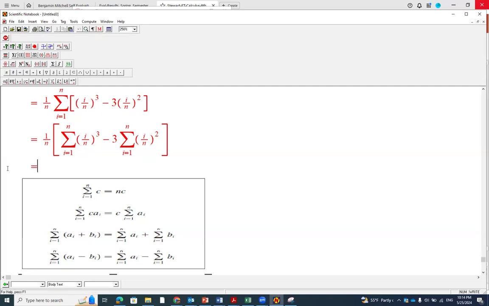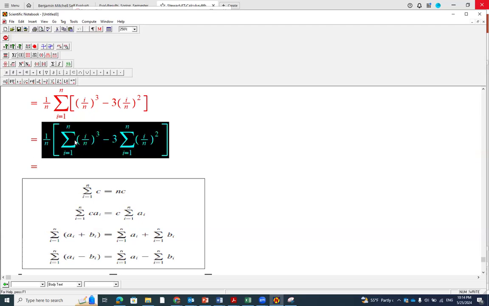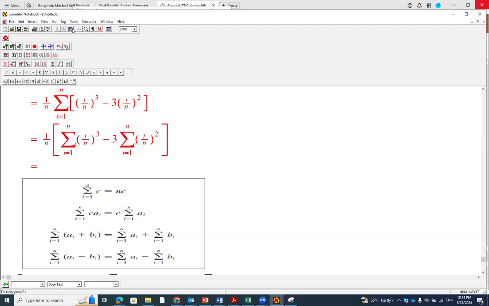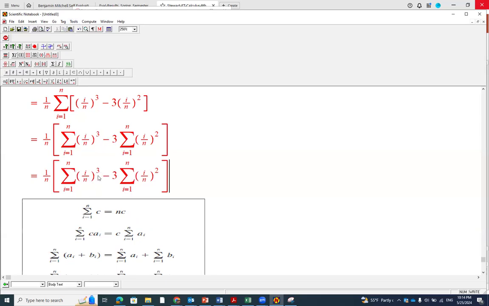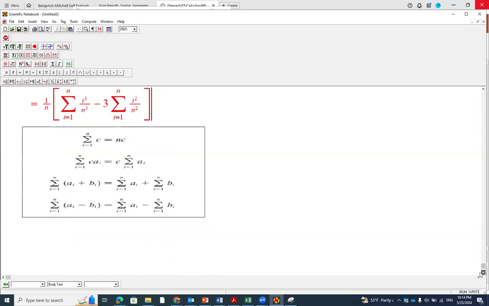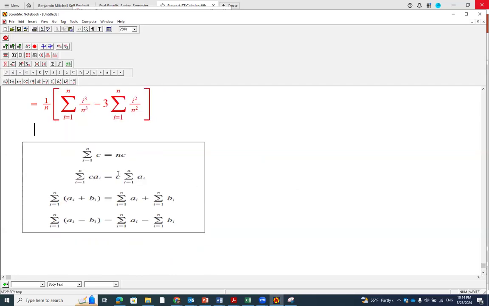Equals to, let's see what we get inside. After this separation, and we bring the power, this is going to be i raised to the power 3 over n raised to the power 3, and this piece is going to be i raised to the power of 2 over n squared. And next, we'll keep going.